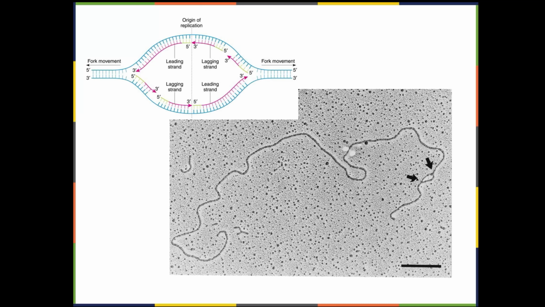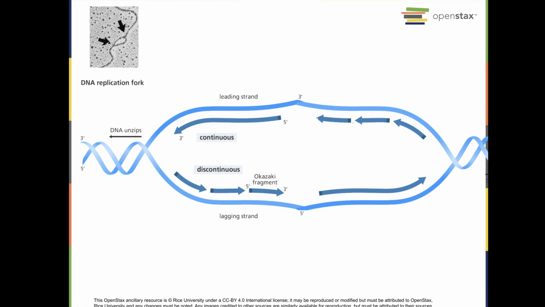Several bubbles can exist on the same strand of DNA at the same time. They eventually all meet and separate to form the two separate strands. Earlier I mentioned that there's a 5' and a 3' end to each strand of DNA. Each side of the double helix has a complementary strand. So while one side is 5' to 3', the other end is 3' to 5'.